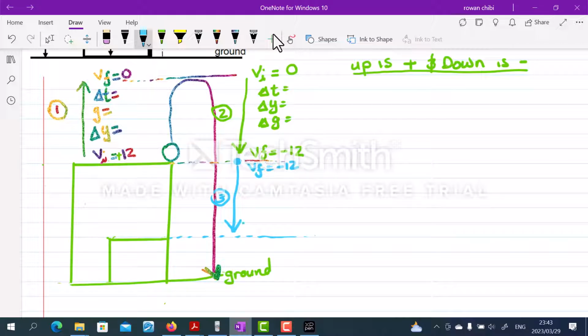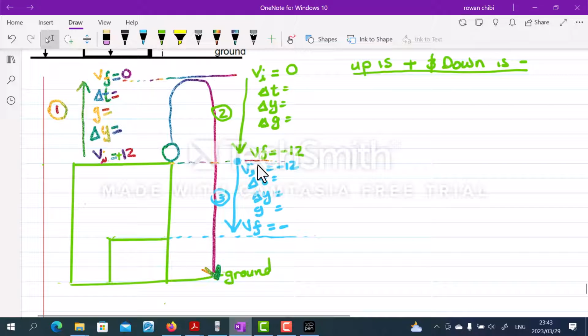Let's call this one initial velocity so that I don't confuse you. It's still negative 12. At this point, the final velocity we don't know, but we know it is negative. The time here we don't know, delta y we don't know, and g, I will explain later on.